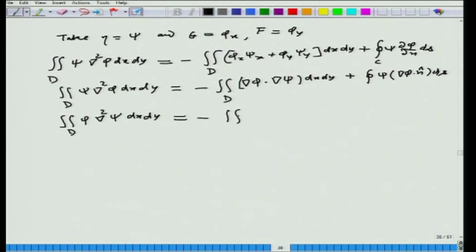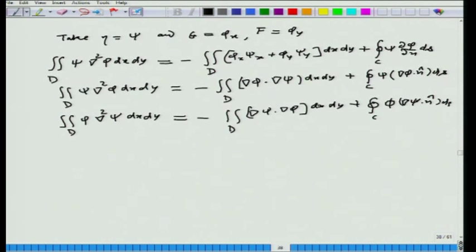This remains the same because it is symmetric. So, we get gradient of psi dot gradient of phi dx dy plus over C, phi here, and this will be gradient of psi dot n cap ds.